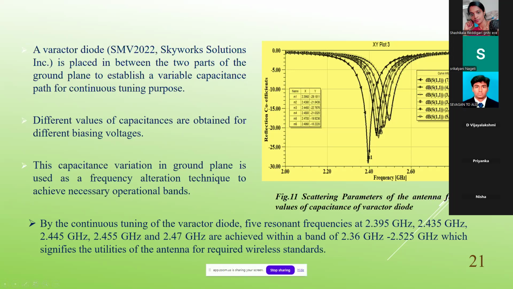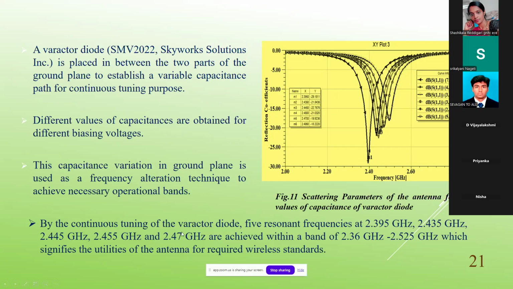Different values: 7.41 picofarad at 0 volt, 4.414 picofarad at 2 volt, with different biasing voltages, and we have studied the corresponding reflection coefficient. M1 at 2.3, we got minus 29; M2 at 2.4350, minus 20.8435; like this, different values we got.